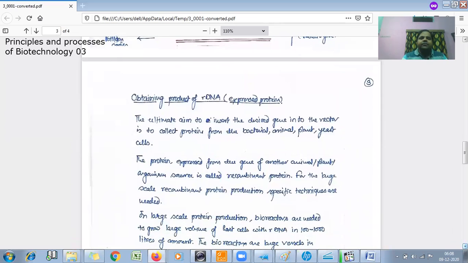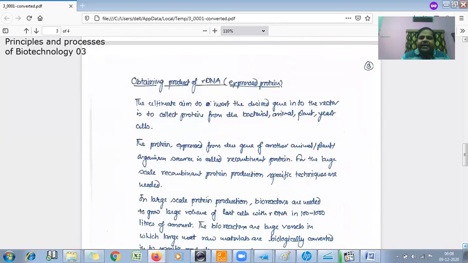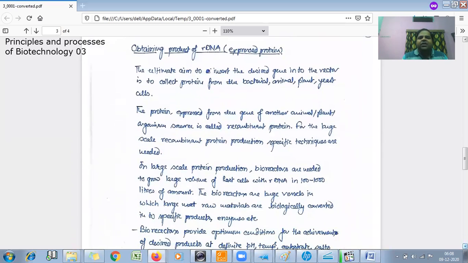Now we will see how we can get the recombinant protein on a large scale or industrial scale. So the ultimate aim of inserting the desired gene into the vector is to collect protein from the bacteria or animal or plant or yeast cell, or we can say the host cell.